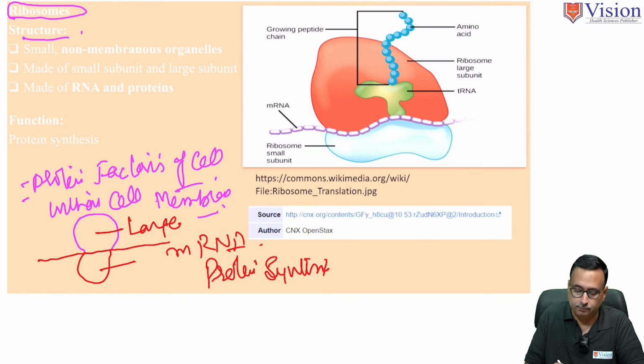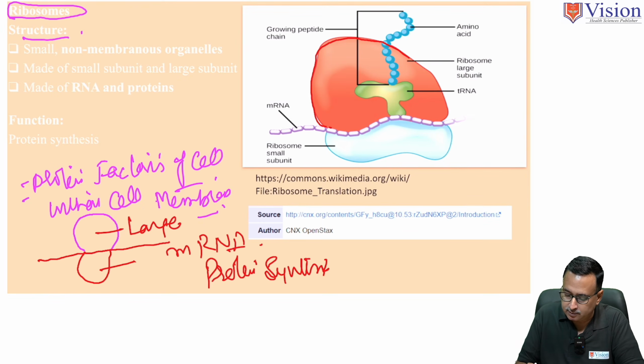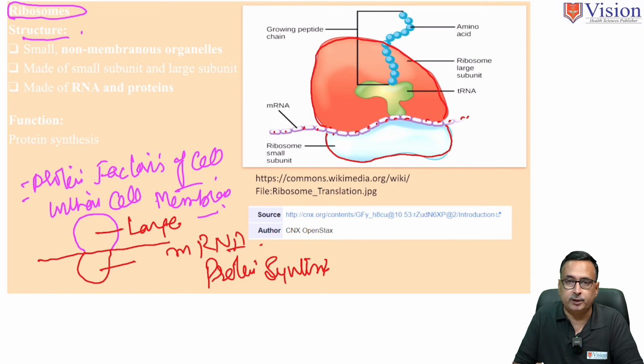These two parts come together, and as we can see in this diagram, this part is the large subunit of ribosome, and the small part is the small subunit of ribosome. During protein synthesis in cytoplasm, the small subunit binds with the messenger RNA, then the large subunit attaches to it.